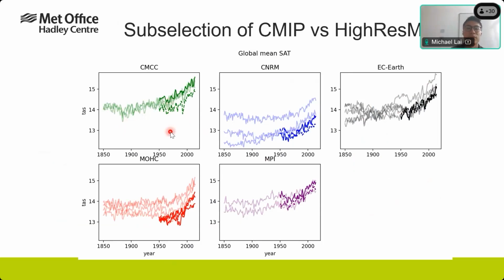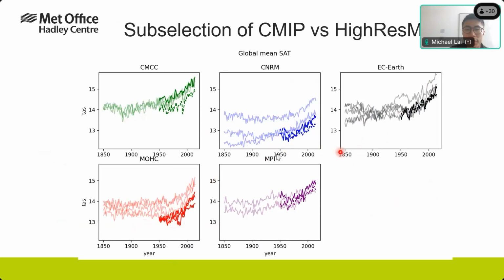So we can see that, especially for the Met Office model and the CNRM model, the HighResMIP runs are indeed cooler than the CMIP runs, and it's not just because of the resolution difference. Both the dashed and non-dashed lines for these two modeling centers are really below any of the other CMIP6 runs.